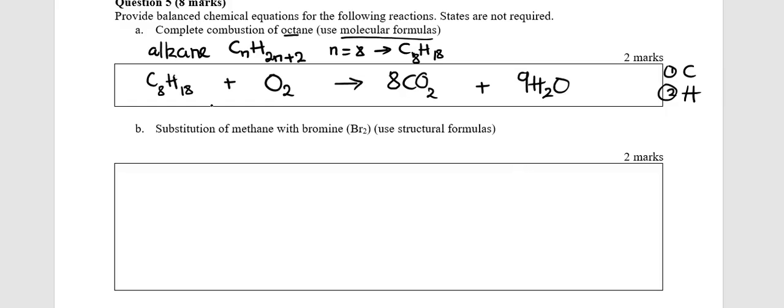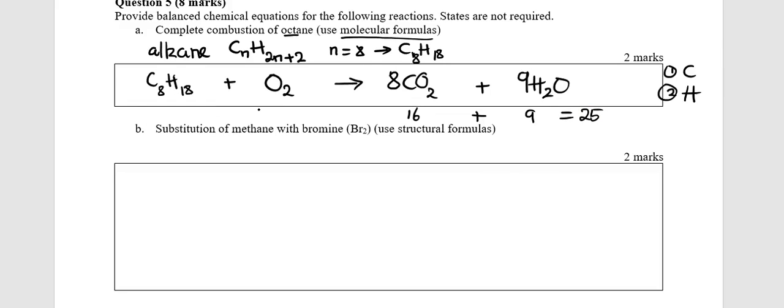Now, once the carbon and hydrogen have been balanced, we can see that we have 16 oxygen from CO2, so you have 8, and you need to multiply it by 2 because you have 2 oxygen atoms per CO2 molecule, and you also have 9 oxygen atoms from H2O, which means that you have 25 oxygen atoms overall on the product side.